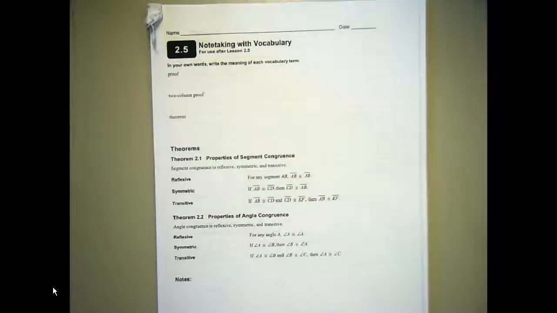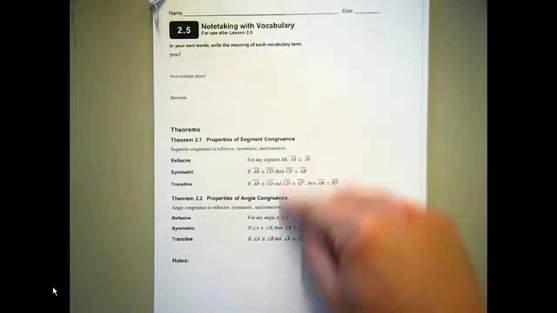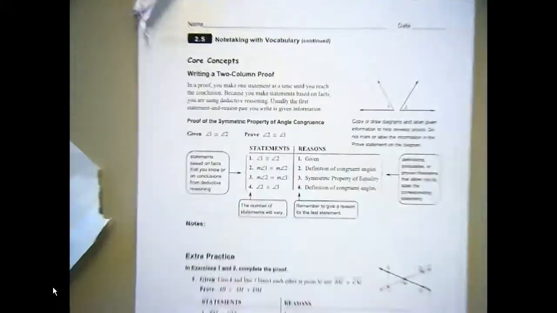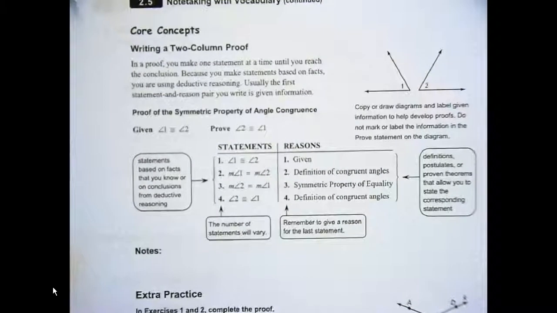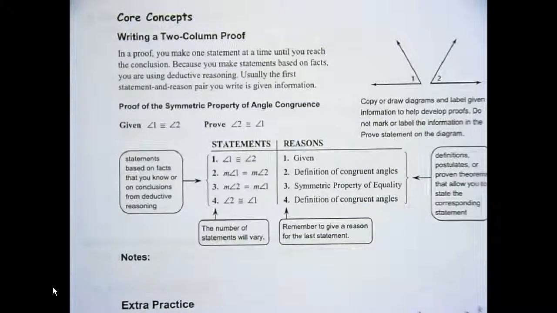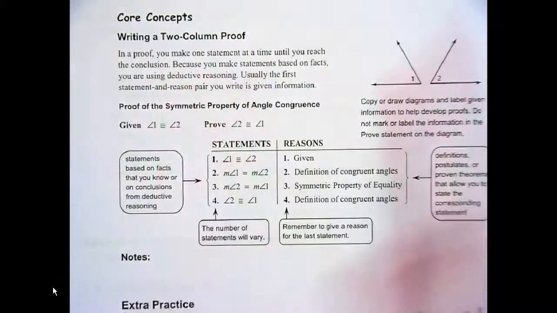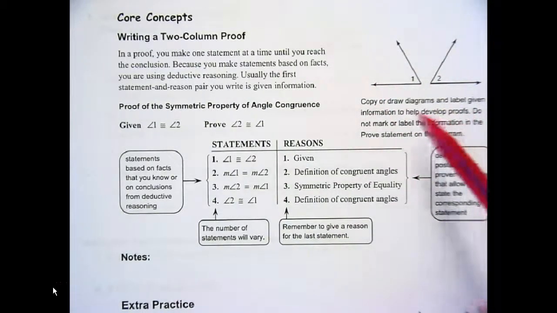This is your student journal, page 56. It just kind of references some of those properties we've talked about. Really what I want you to start doing is working through your extra practice right now. Extra practice, page 57 and 58. Now, let me point out, we haven't actually talked about the parts of a proof yet. But if you look at the top of page 57, it says writing a 2-column proof. In a 2-column proof, you generally have a diagram. You don't have to copy it if they give it to you.